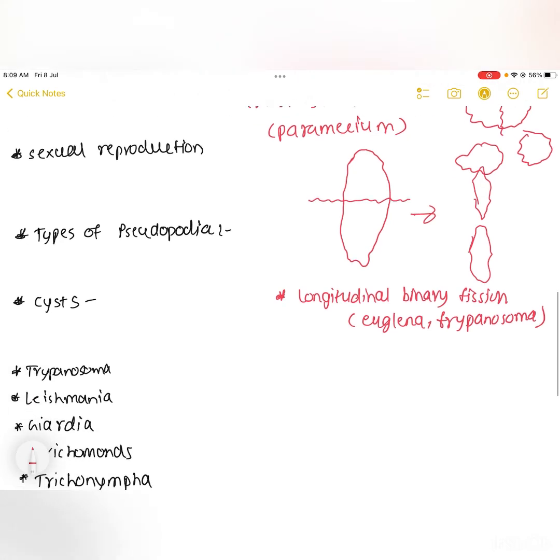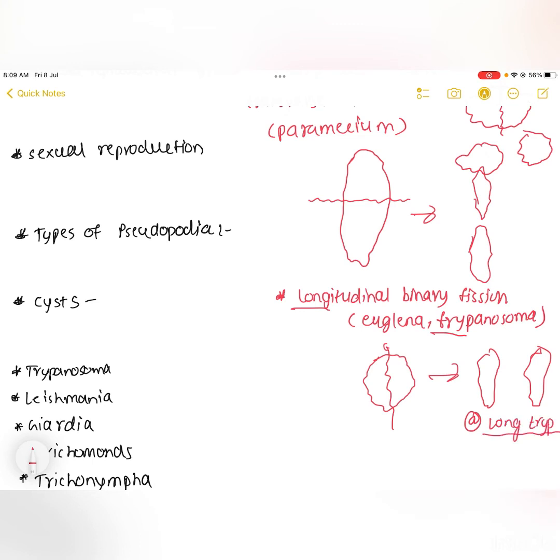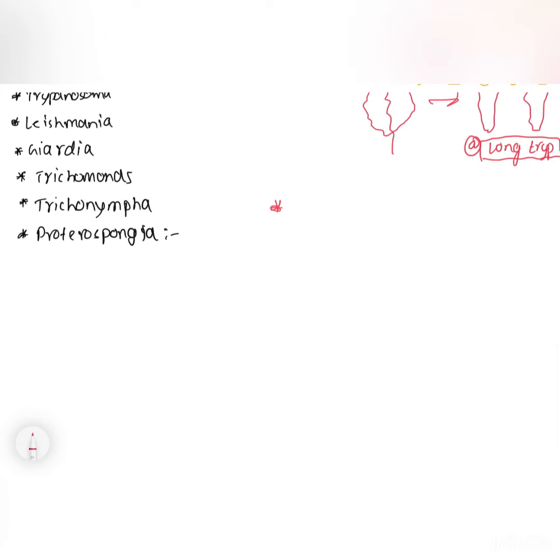In longitudinal fission, the body of Euglena or Trypanosoma divides into two through the longitudinal direction. So you can remember it as long trip, long trip.